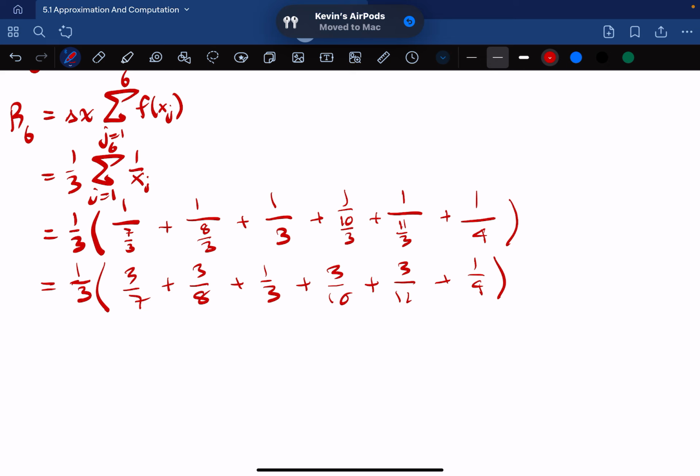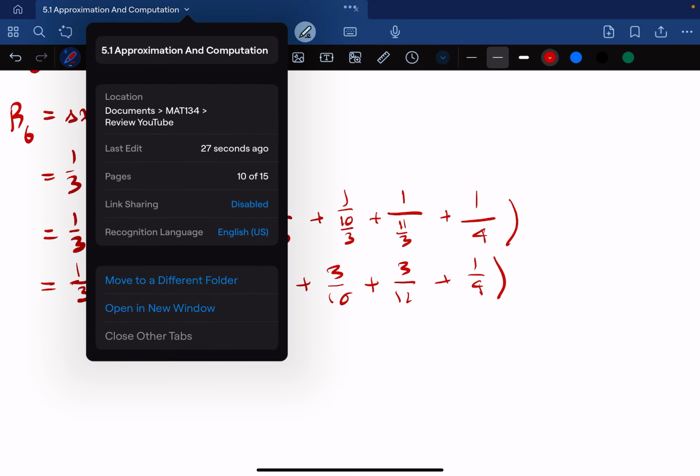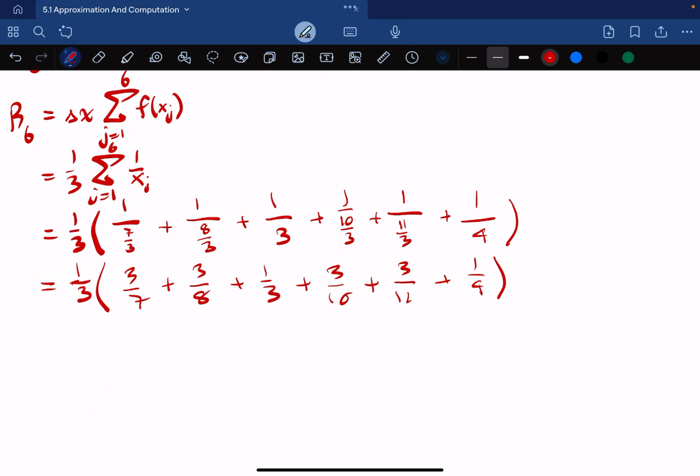And for that, let's see. It is going to be, let's see, 1 over 7.